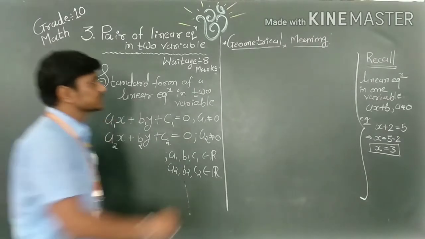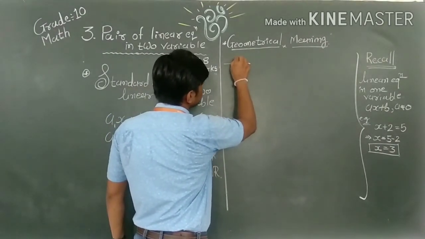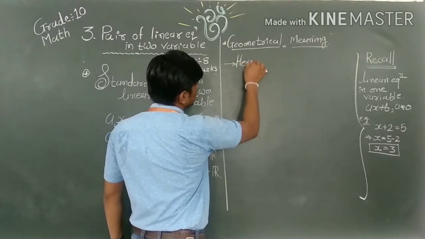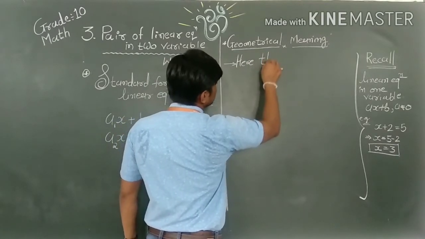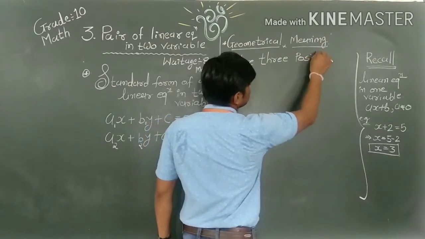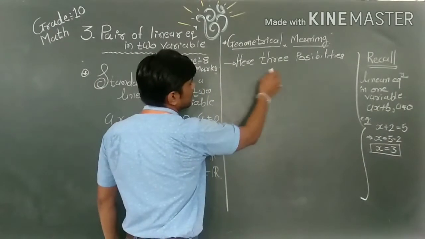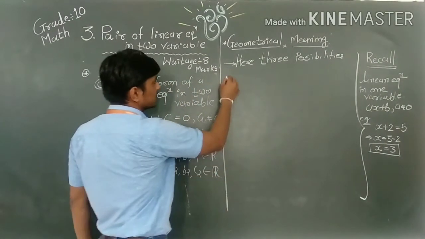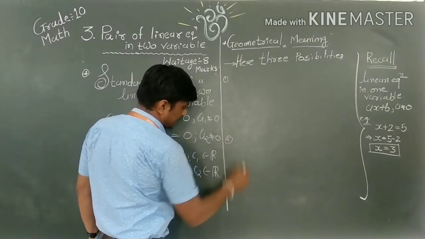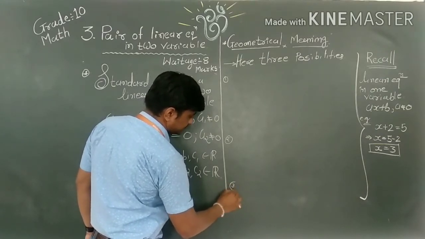There are three possibilities. First one, second one, and third one.